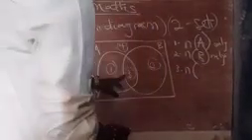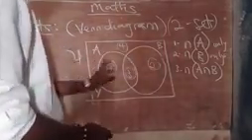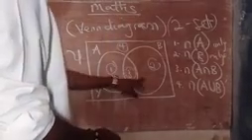The second portion represents the number of elements in B only. The third portion represents the number of elements in A intersect B. And this outer part, which is neither in A nor in B, the fourth part, represents the number of elements in (A union B) prime, which means it's not in A and not in B. That's why we put a prime.